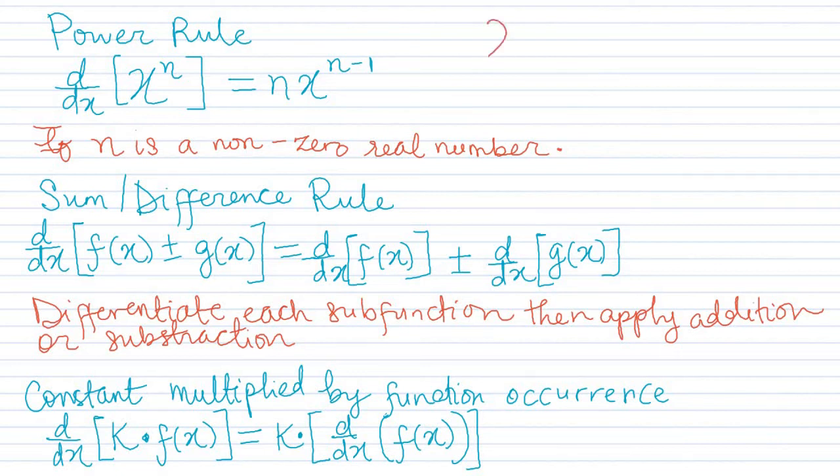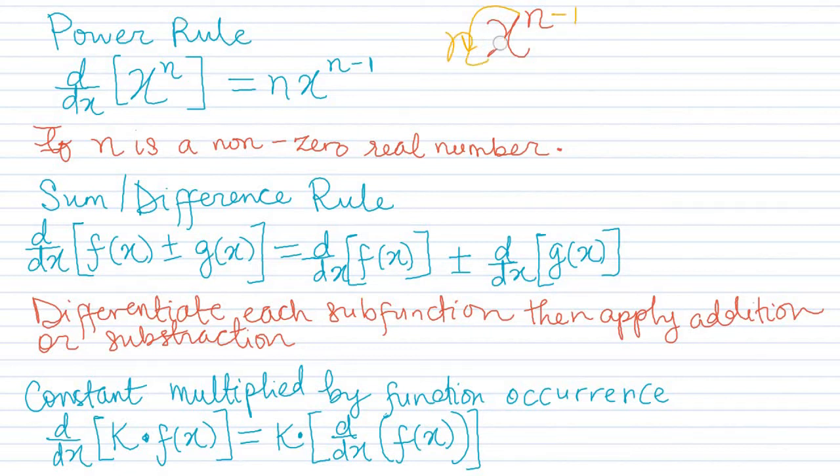So you have x to the n. The first thing we're going to do is bring down n in front of x so that n becomes the coefficient of the variable you are working with, right? And then you're going to decrease that power by 1. So basically, this is what you end up with.